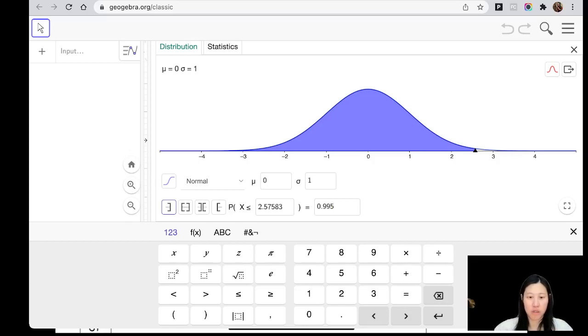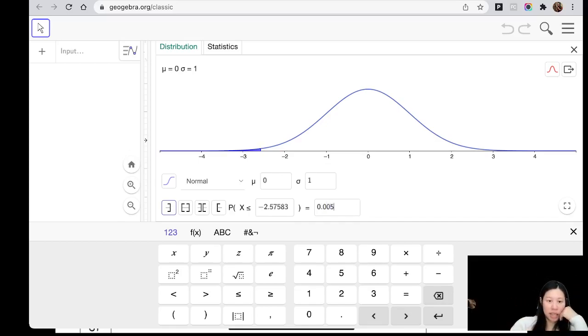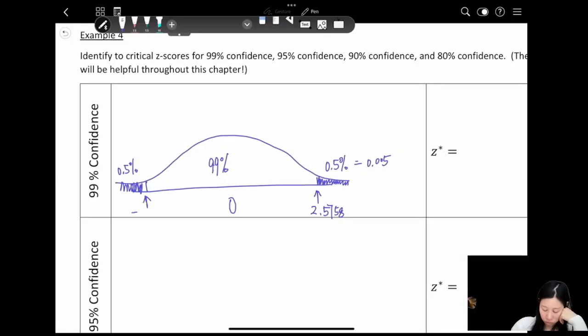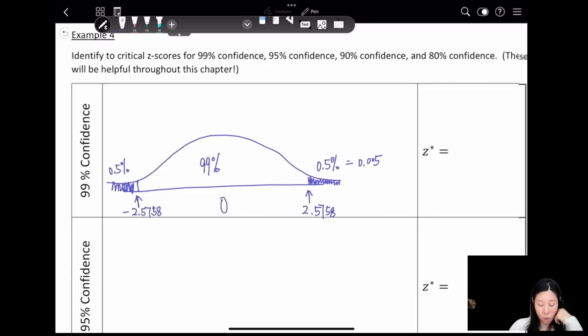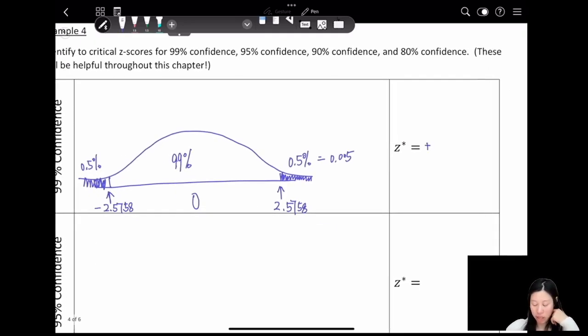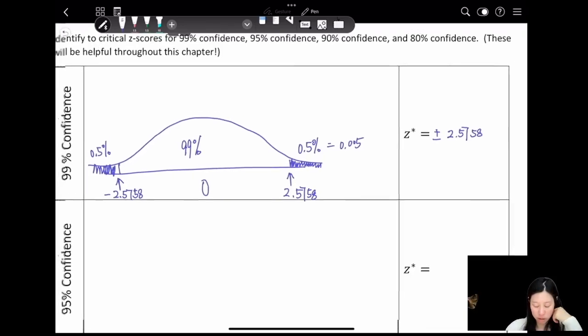So again, we're trying to find the 0.5% of the left area. So look, it is going to be negative 2.5758. So that means the z-score is going to be positive or negative 2.5758. Let's just keep it rounded to 4 decimal places.